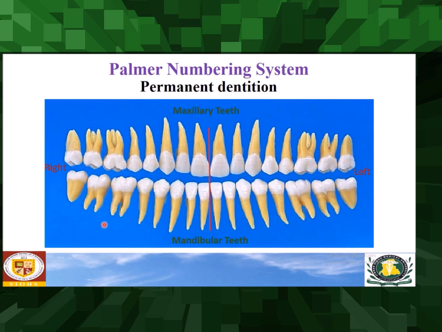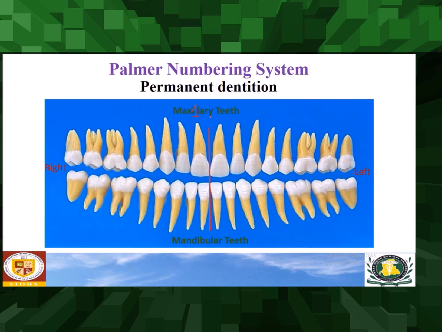Now, the right maxillary central incisor. This is the maxillary arch and this is the maxillary right central incisor. In the Palmer notation system, we give this tooth a number, and that number is 1. Now 1 is used for every central incisor, whether it is in the maxillary arch or the mandibular arch.